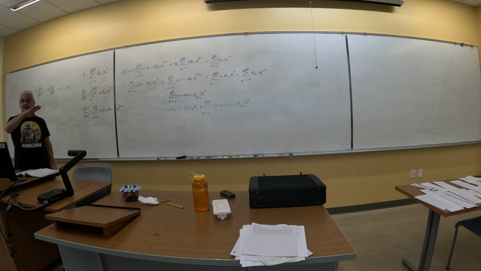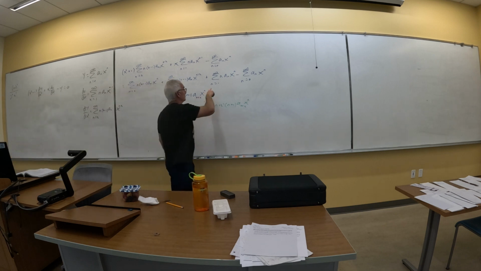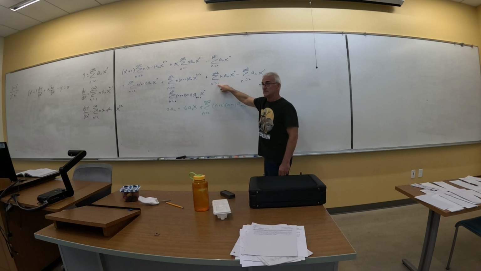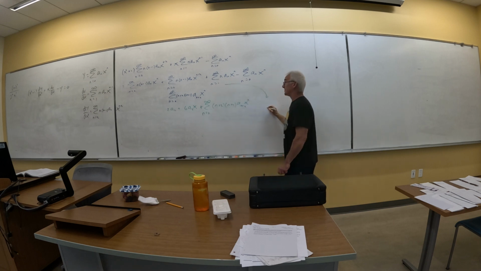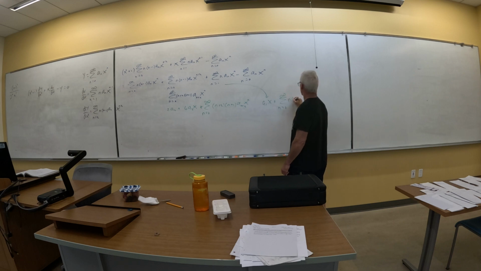So we got the exponents to match, and then we're going to get the starting points to match. Getting the starting points to match is the easiest part, and that means just writing out terms. What are you going to do here? You plug in the first term. So what will that be? 1 times a1, x to the first, and now I'm going to add n equals 2 to infinity, n a n x to the n.